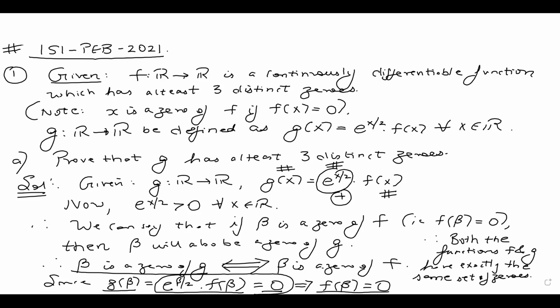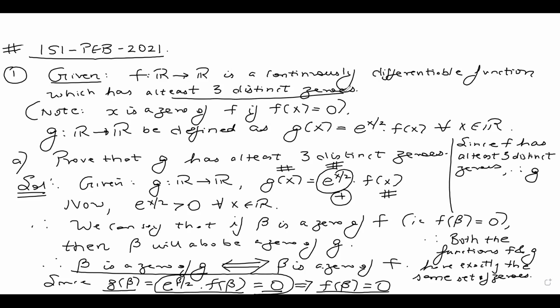So now I can write here that since we are given that f has at least 3 distinct zeros, therefore g will also have at least 3 distinct zeros.